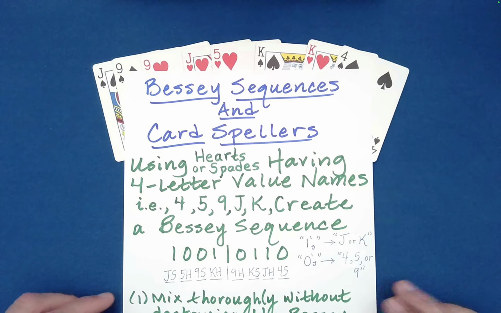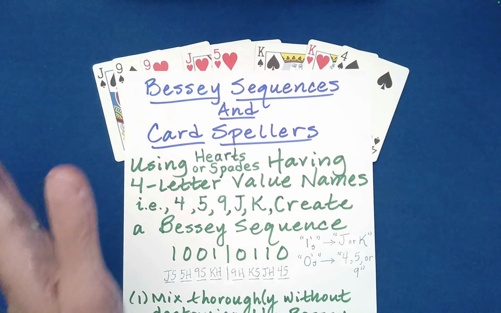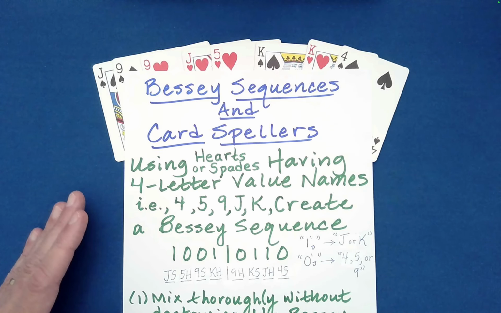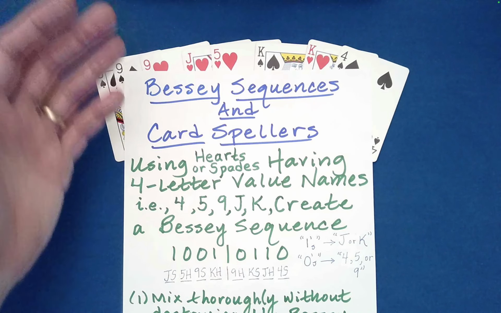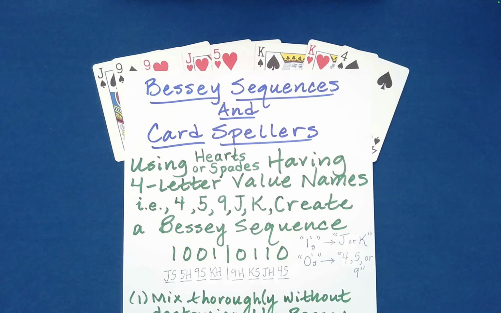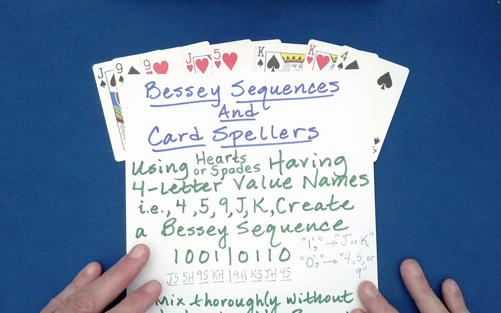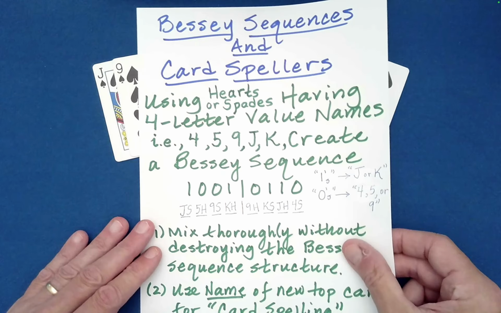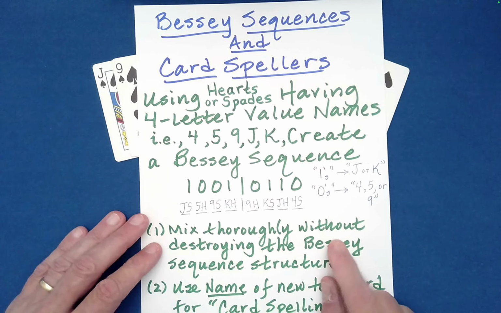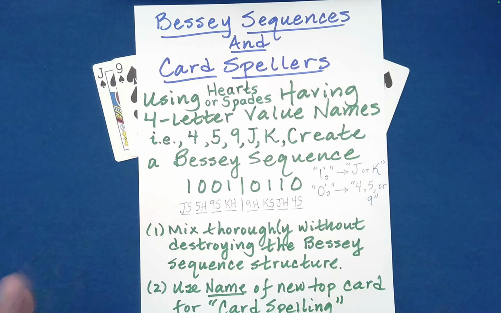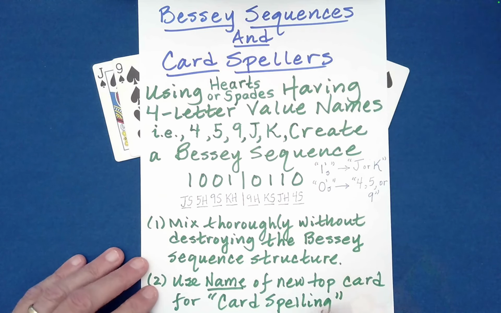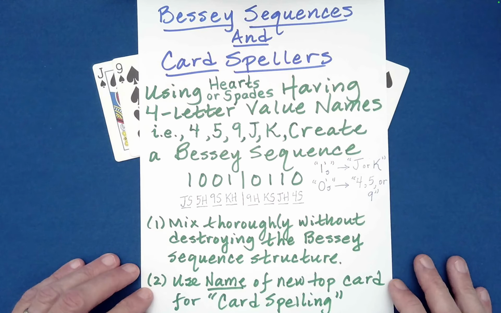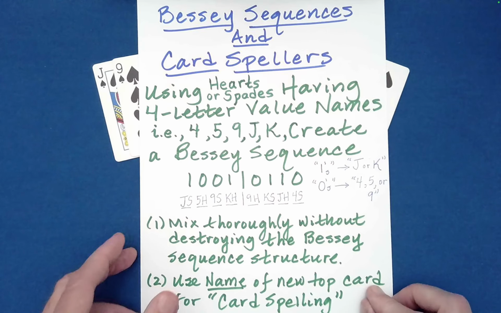And so the several mixing and shuffling procedures that I showed you, where you were given choices on how things were done, stacked, left to right, right to left, how many times to perform each, and so forth, those are all mixing procedures that will not harm this organization. So what we would do then is mix this packet thoroughly without destroying that important structure, and then we use the name of the new top card for a card spelling procedure.